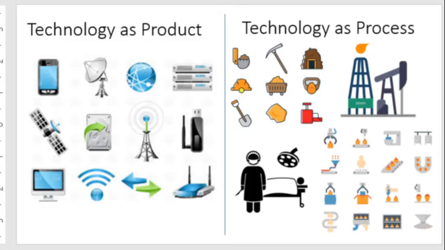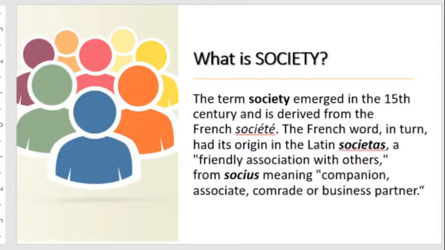Other than technology, let's define now what is society. The term society emerged in the 15th century in France, société, but it came from the root word socius, meaning companion, associate, comrade, or a business partner.